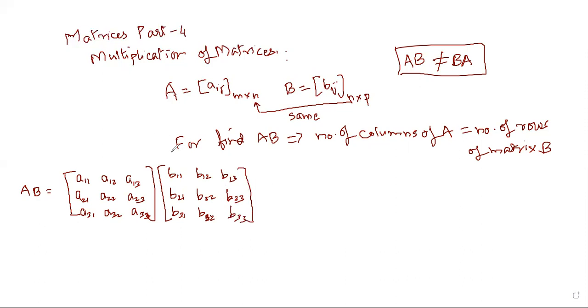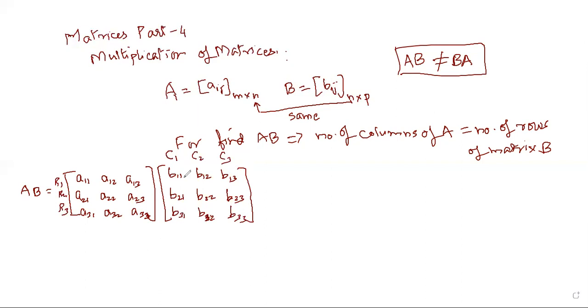Here this is column 1, column 2, column 3, and its rows we will take as R1, first row, second row, and third row.